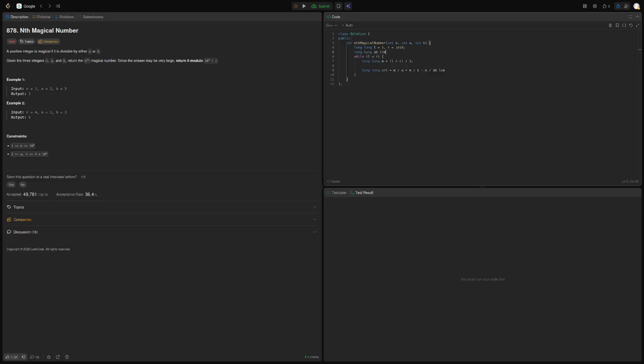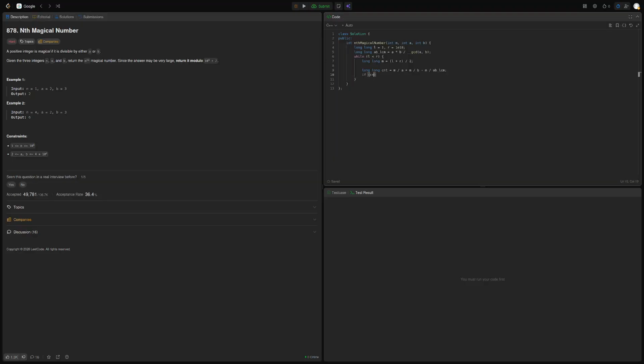AB LCM is equal to A times B. I mean, that should fit into int, because 4 times 10 to 4 is 1.6 times 10 to 9, and it should be like 2 point something for ints, and for unsigned 4 point something.